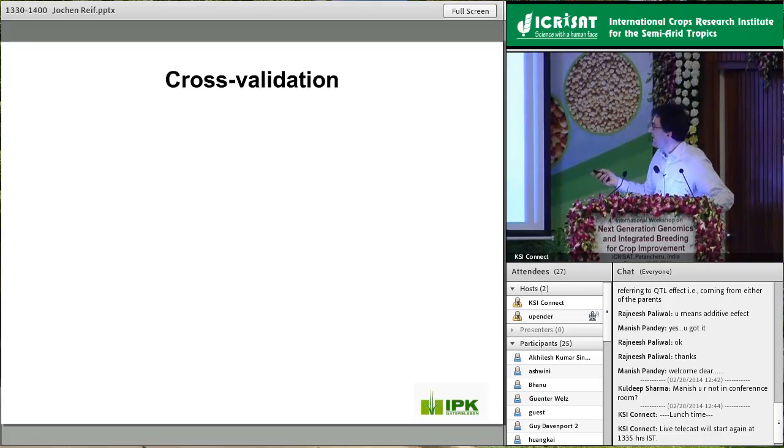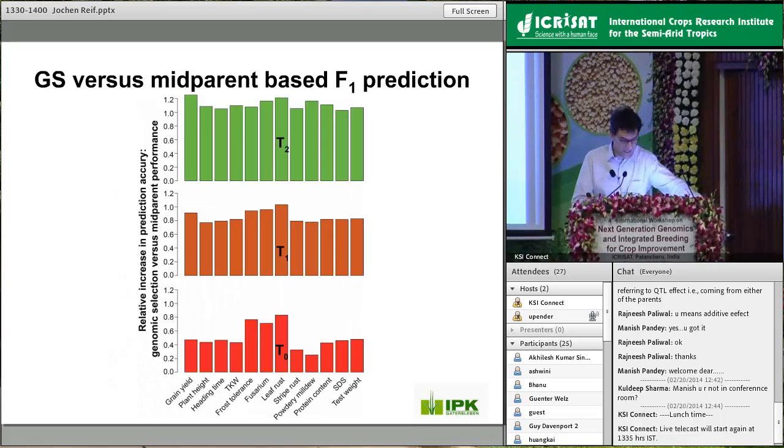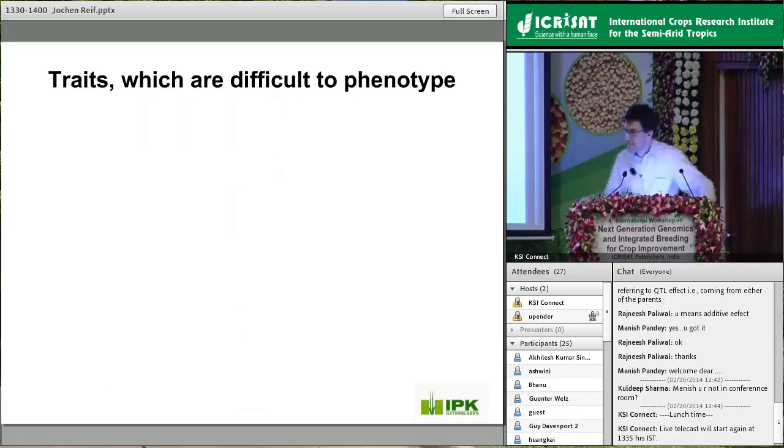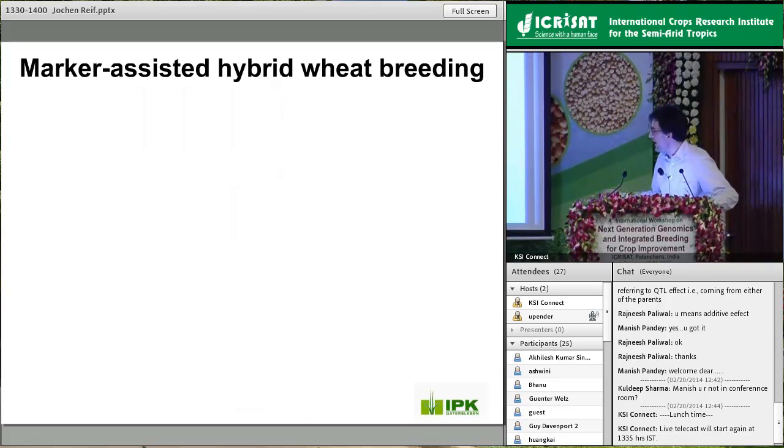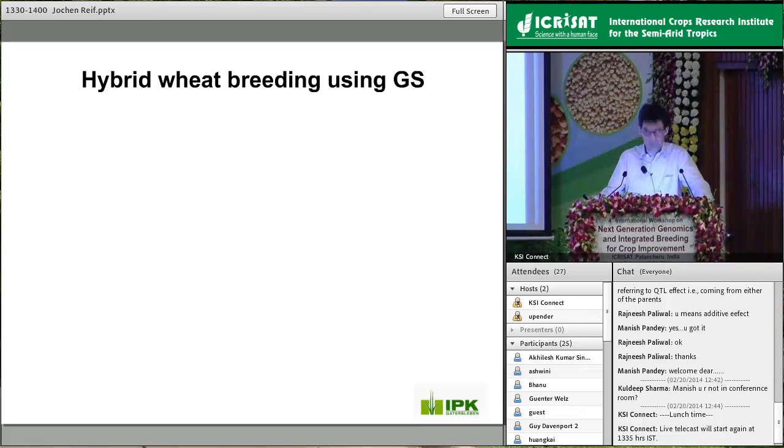You can see here again this factorial cross of the 120 female lines and the 15 male lines. And here below in that graph you can see how we performed the cross-validation. We sampled out of these 120 female lines a subset of 80 female lines and 10 male lines, and formed the so-called estimation set consisting of 610 F1 hybrids.